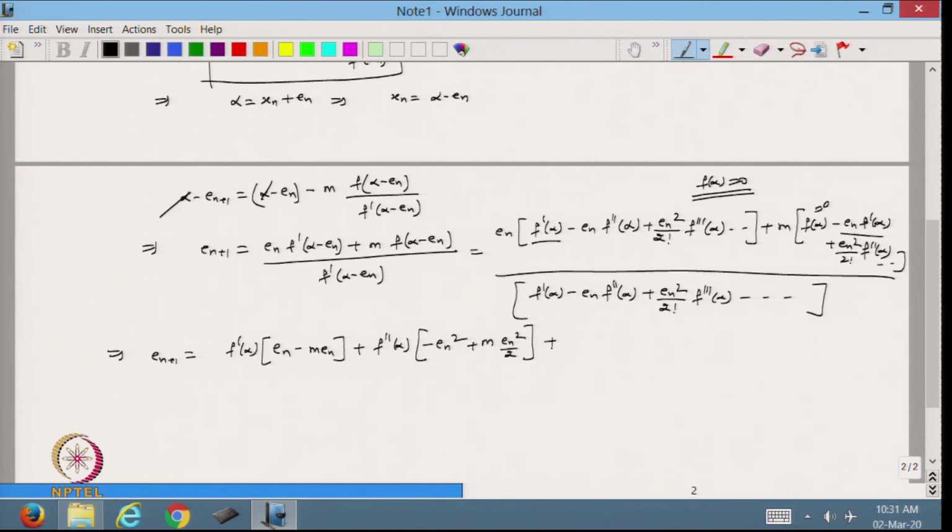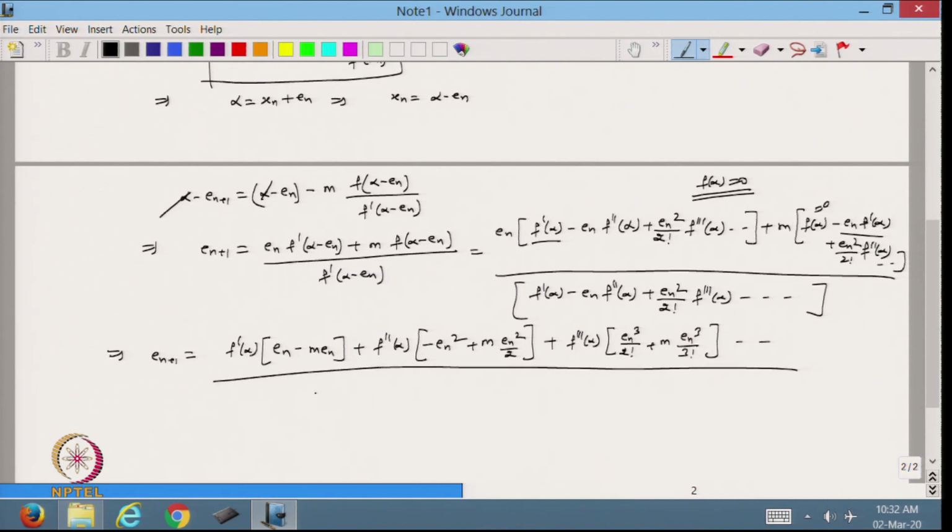Plus I can collect the terms corresponding to f triple dash alpha. This one can be written as en cube by 2 factorial, and the next term will be m en cube by 3 factorial, and that will be divided by.